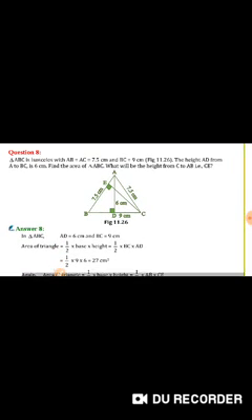Okay, so the last question. Triangle ABC is isosceles with AB equal to AC, and BC is 9 centimeter.